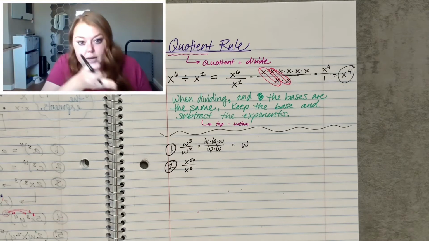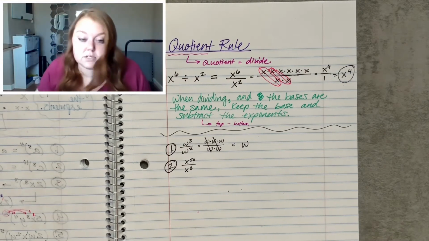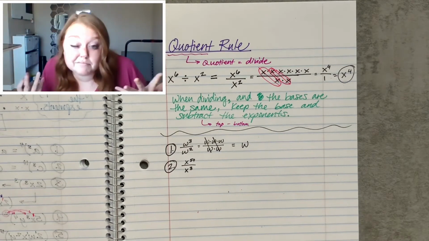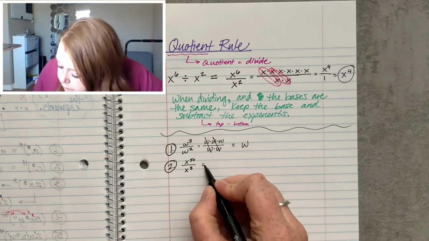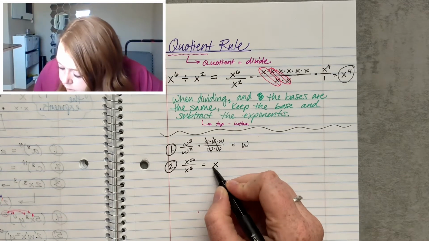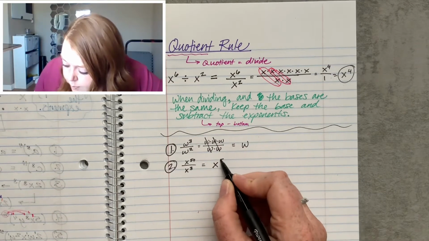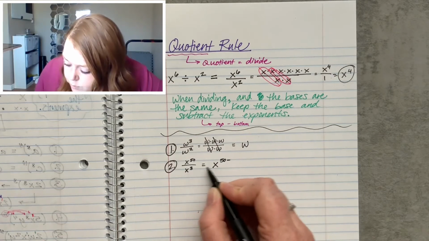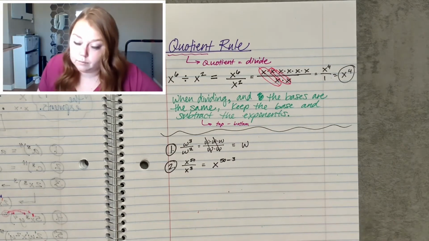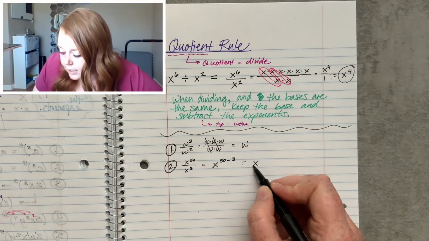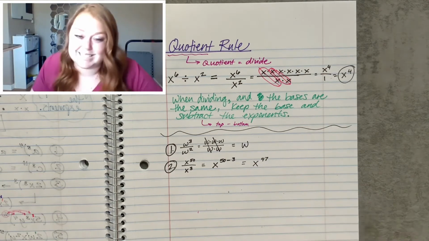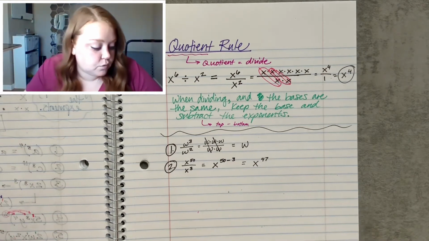You'd cancel out 3 things and then you'd have 47 x's on the top left. But really this is equivalent to just keeping the base and taking the top power of 50 and subtracting the bottom power of 3. So this would be x to the 47th power. 50 minus 3 is 47.